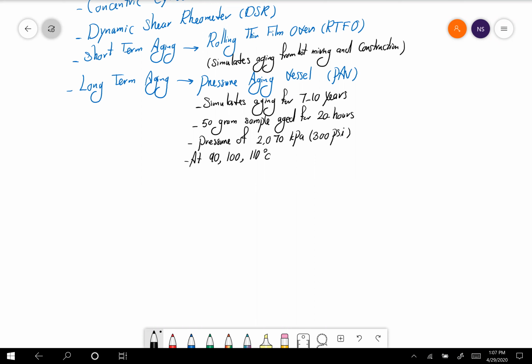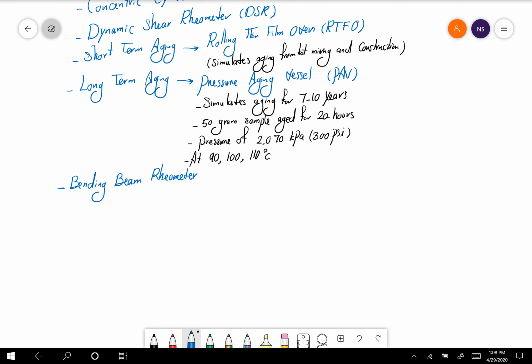The next test that we use to classify the binders in the PG system is called the bending beam rheometer. That's a thin beam of the binder sample under a load applied at the center of the beam, and we measure the bending of the beam using the equipment.